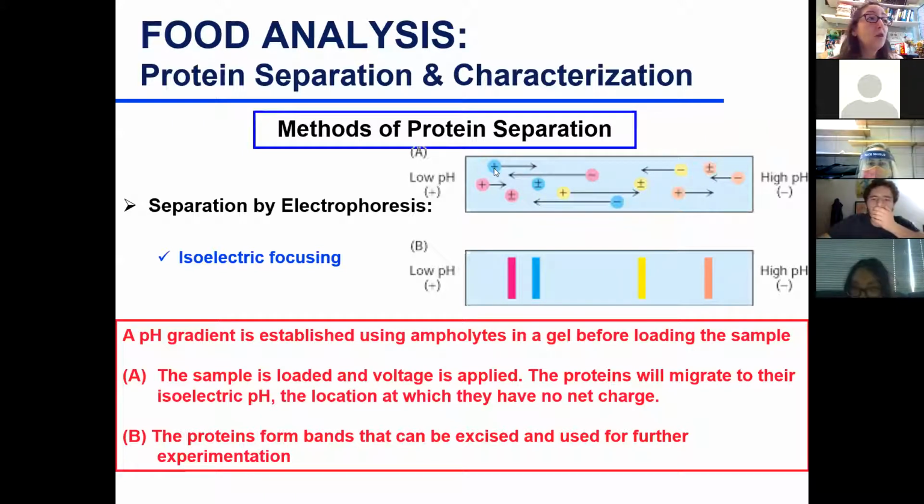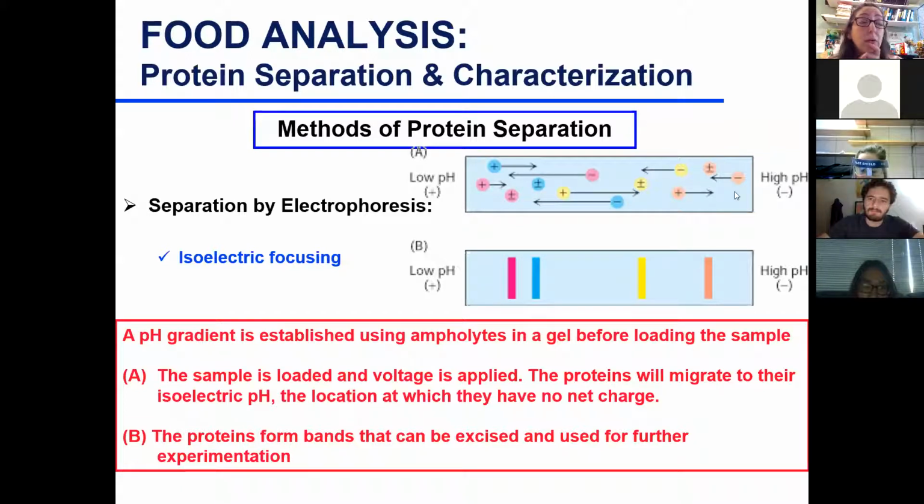So the positive charged ones will move towards the negative cathode, and the negative charged ones will go to the positive anode. So they would move based on their charges, and they settle at some point. They settle in the gel at different locations. So we created a pH gradient across this little piece of gel.